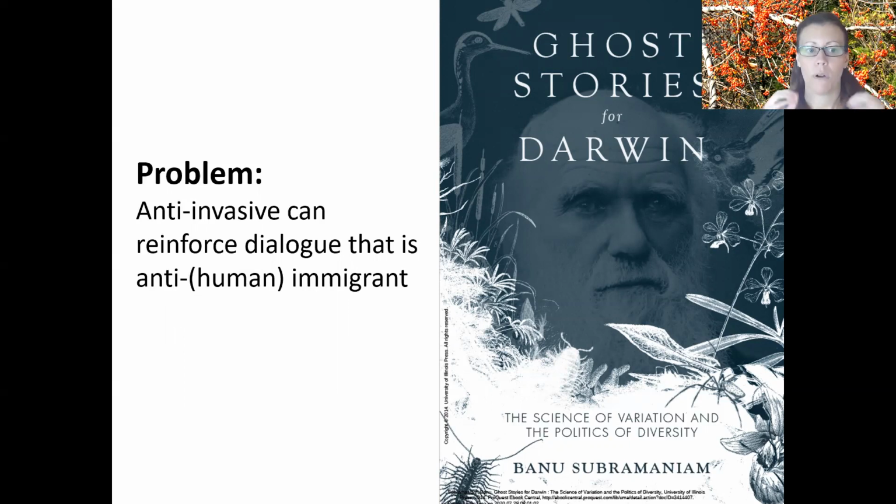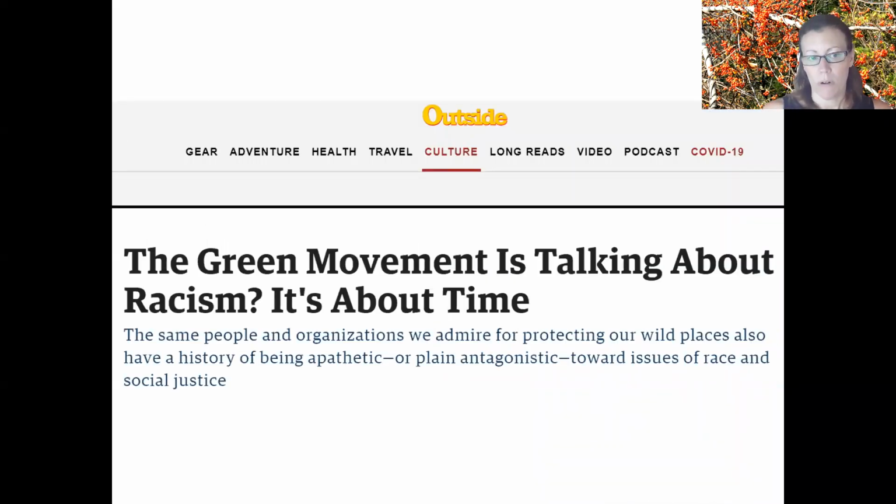So even if we think we're only talking about oriental bittersweet, which is the picture behind me, as the invasive species, the non-native species that we don't want in our landscape, just the words that we use, because they're the same words that get used to talk about human immigration, that kind of reinforces all of the various problems that go into an anti-immigrant and anti-human rights perspective.